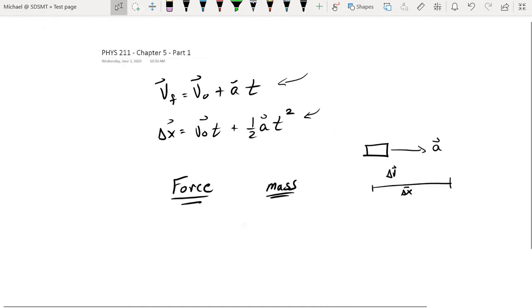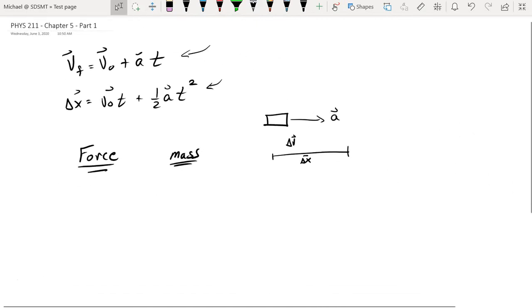And so how do we get these objects of differing sizes and objects that carry considerably different amounts of physical matter, how do we get them moving? Well, we're going to use this term called force.